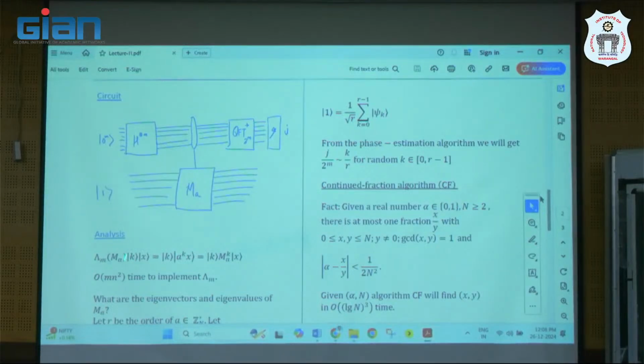k is a number from 0 to 2 to the m. Remember, k is coming from here. But this is m bits, so it's a number from 0 to 2 to the m minus 1. An m-bit number can be up to 2 to the m. So if m is 100, k can be like 2 to the 100.